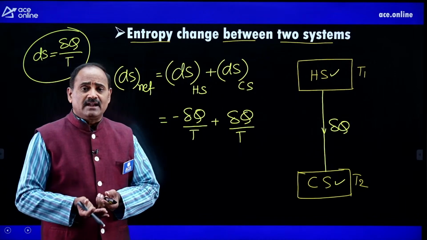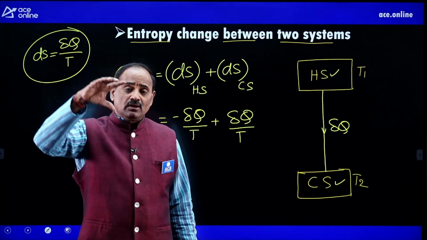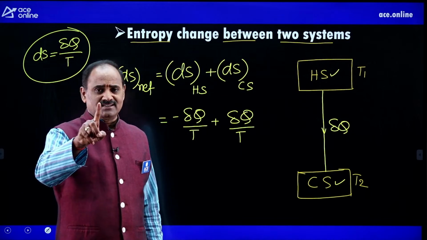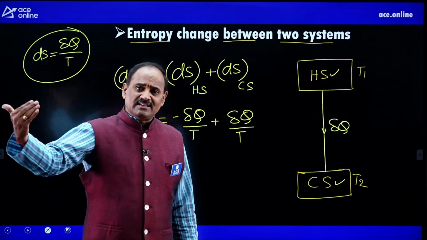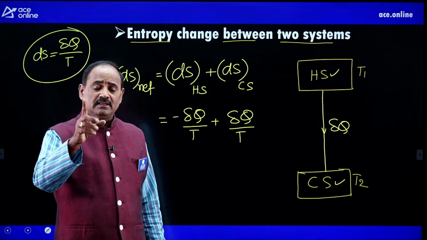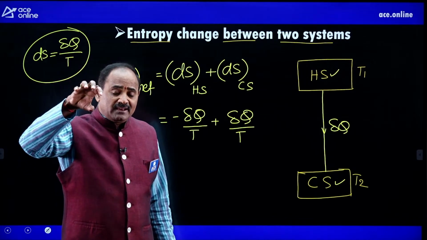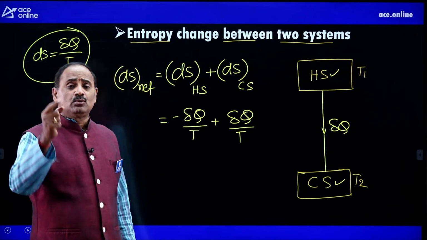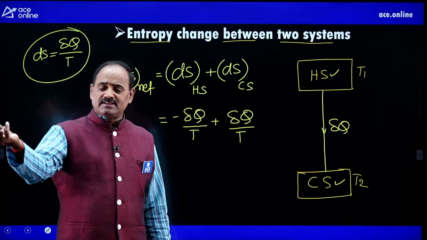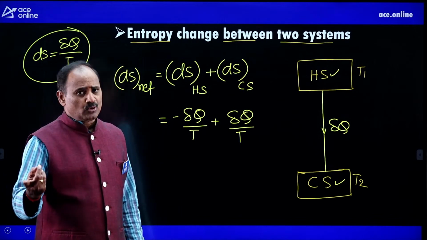See, let us take the condensation process. In the condensation process, what is happening? The heat is rejected. Therefore, the heat rejection during condensation is taken as negative, minus del Q divided by the condensation temperature. Whereas for the vaporization process we are supplying heat, but the temperature remains constant. Since the material is receiving heat energy for vaporization, heat received is taken as positive, so plus del Q by T is the change in entropy for vaporization, whereas minus del Q by T is the change in entropy for the condensation process.